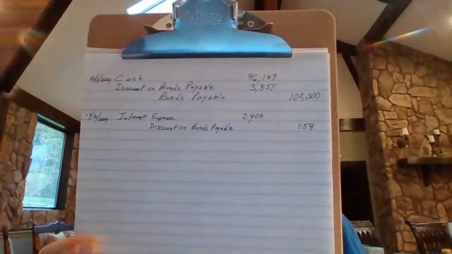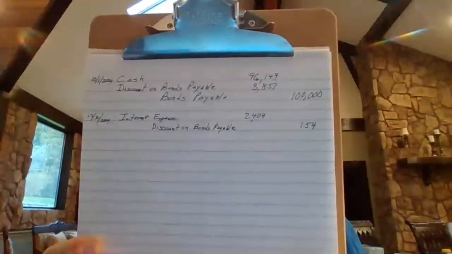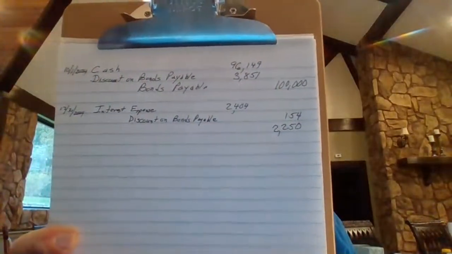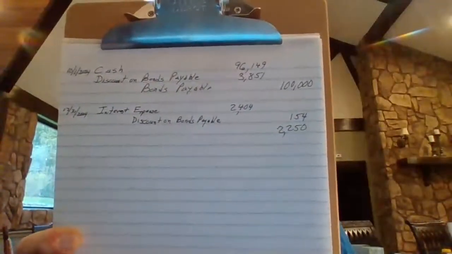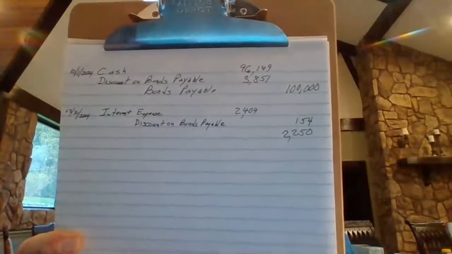And there we have an entry that has more debits than credits. So 2404 less 154 is going to be $2,250. And maybe by now you can contemplate what that is. That's our half of our first interest payment of $4,500.